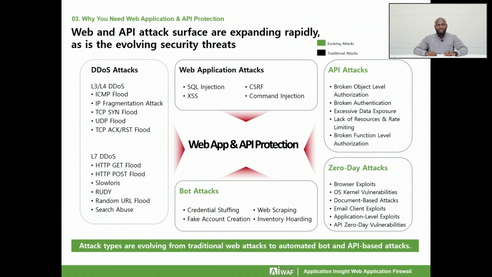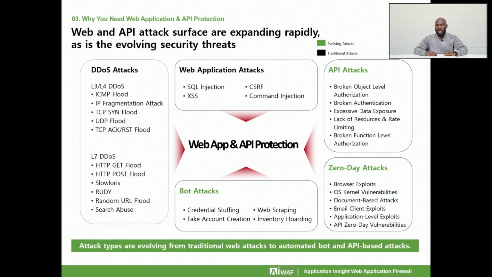We also have API attacks, same thing, WAAP's top 10 API vulnerabilities. We have bot attacks, where we have application profiling and threshold detections to take care of these. And we also have zero-day attacks, where our in-house CTI comes into play.